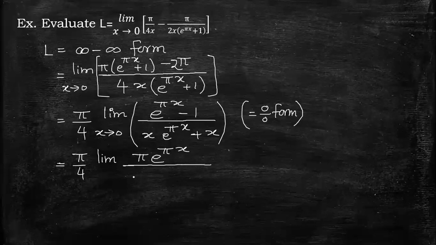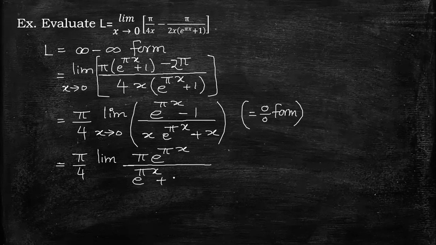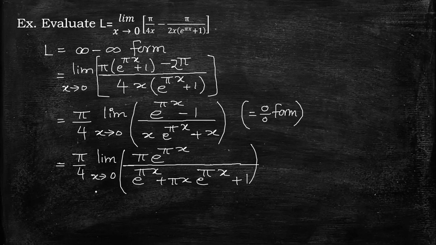The derivative of x is 1 into e to the power pi x, plus x into the derivative of e to the power pi x, that is e to the power pi x into pi. And plus the derivative of x is 1, as x tends to 0.